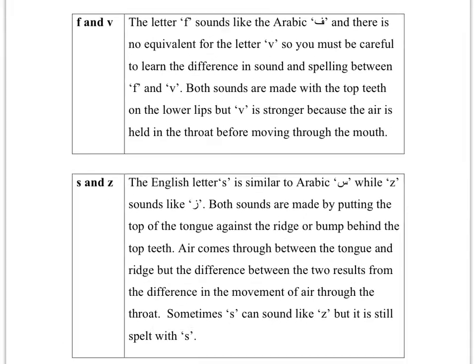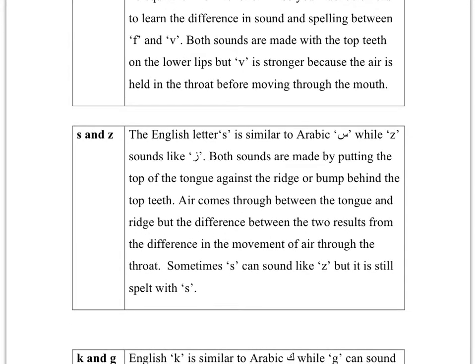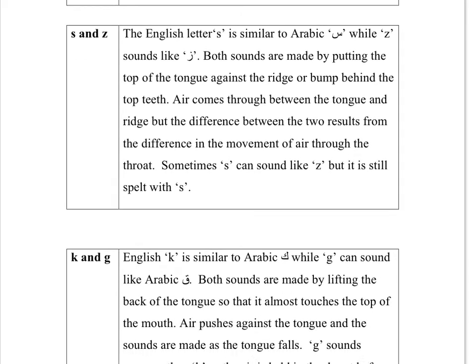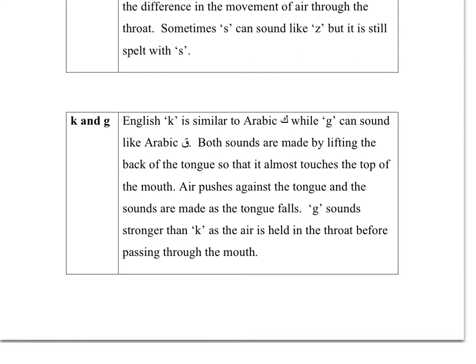S and Z are similar to the Arabic letters sin and za. However, sometimes there is confusion in English with the choice of S and Z. For example, in a word like has, it sounds like a za, but is actually spelled with an S. Ka and ga can also create some problems.